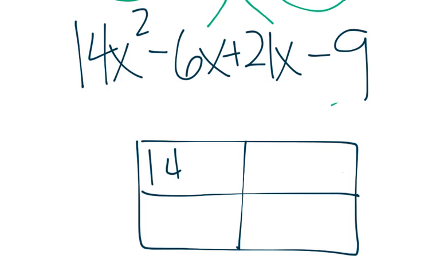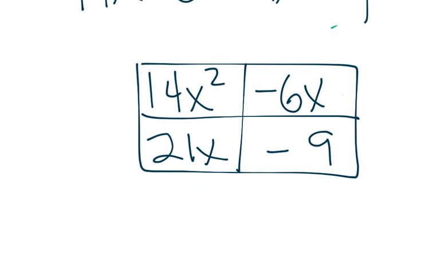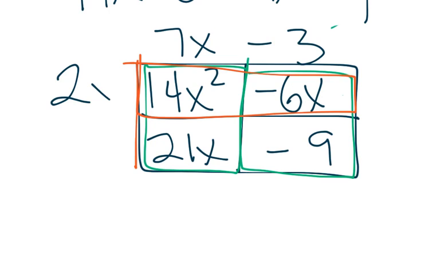So we have 14x squared minus 6x plus 21x minus 9. So 14x squared and 21x, what they have in common is 7x. Negative 6x and negative 9, what they have in common is negative 3. 14x squared and negative 6x, what they have in common is 2x.